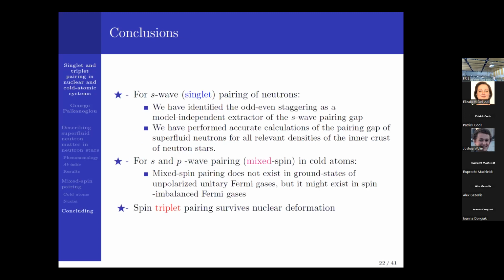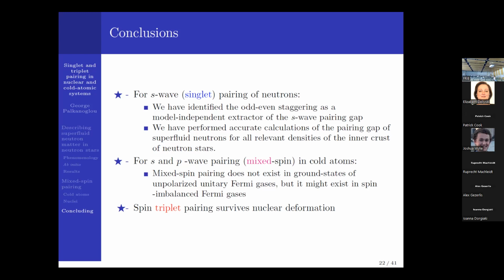So to put everything into some takeaways: first, about S-wave pairing, I showed you how we did an exact description of the S-wave pairing in neutral matter in the inner crust of neutron stars. We did a lot of phenomenological investigations that guided an exact calculation.